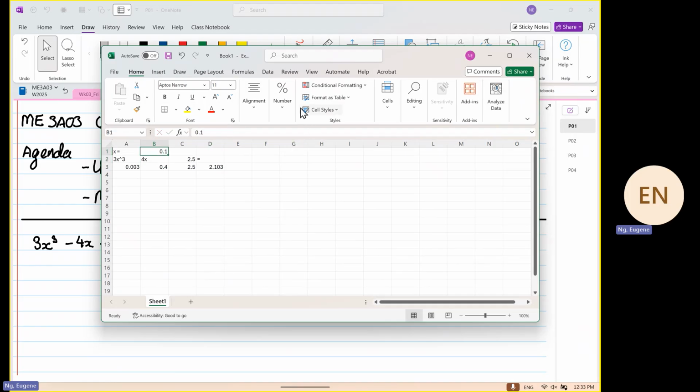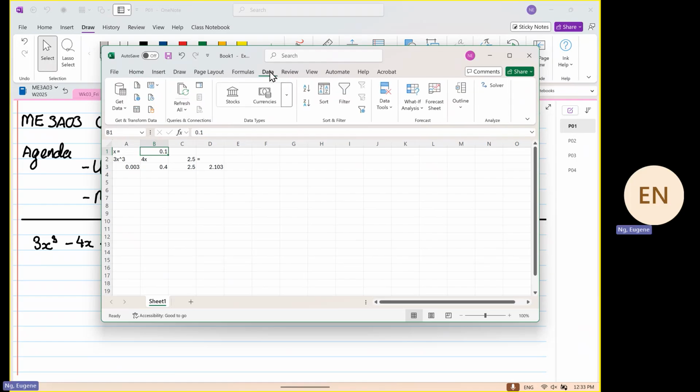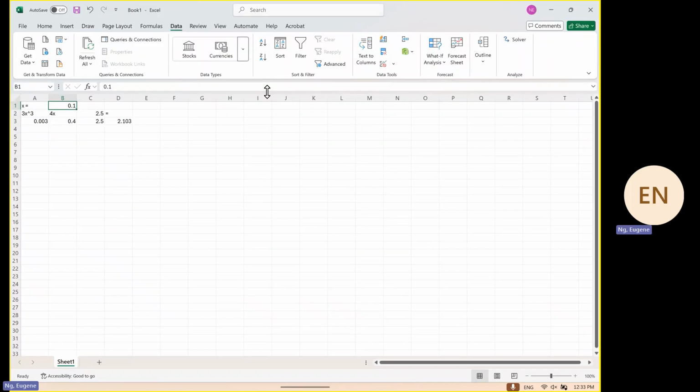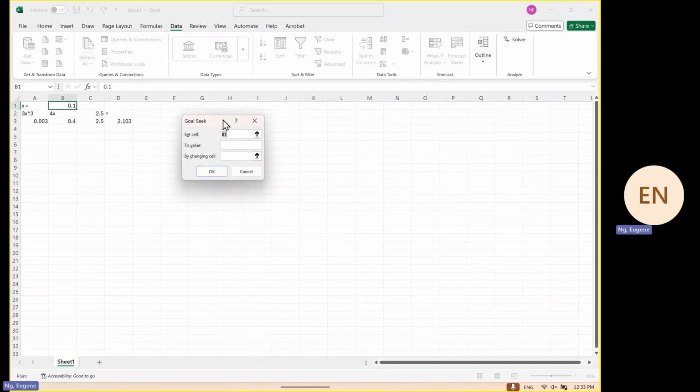Okay. So you go to data. You go to data and you will come to what if analysis. So what if, and you go for goal seek. Okay. So you're going to set this has to be equal to what? 0.